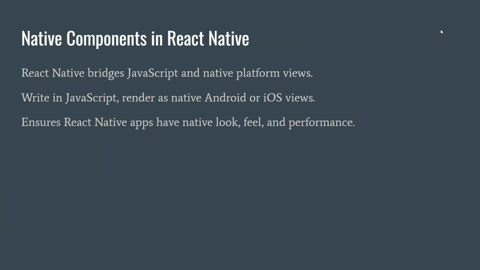Native components in React Native. So in React Native, we use what are called native components. These native components are not generic HTML elements, but are closely tied to their native counterparts.